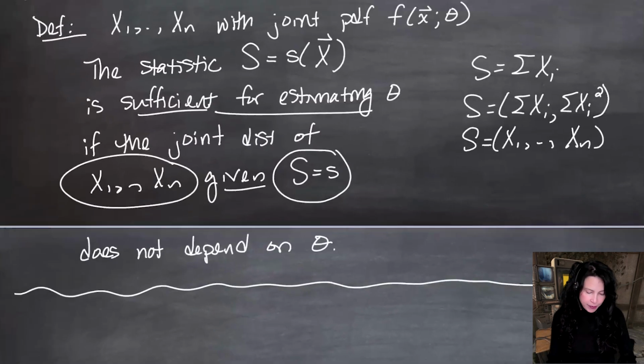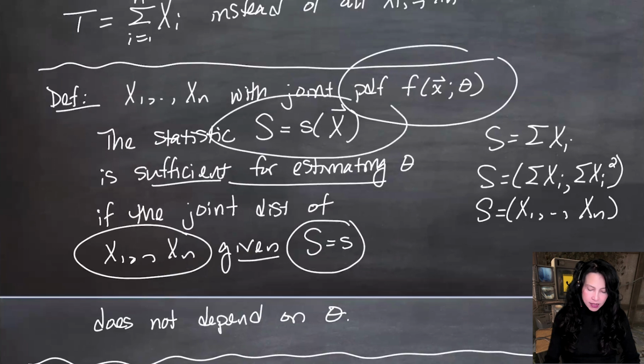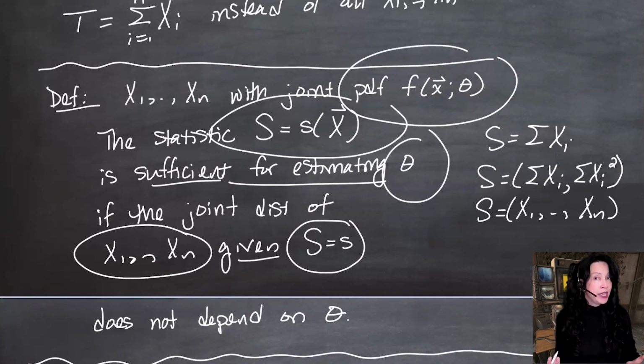Because if the joint PDF for the x's given the statistic does not depend on P or theta, also does not depend on P squared or theta squared, and so it would be sufficient as well for estimating functions of the parameter. I think I made that more complicated than it needed to be. Let's just try to follow the definition for the Bernoulli distribution.